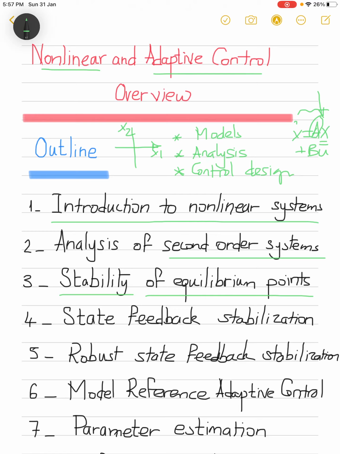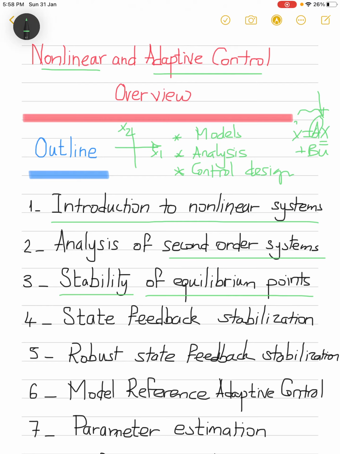We'll explain why the difference exists, and we'll show how to characterize the stability of an equilibrium point. We'll see that there are different classes of stability, like local stability, global stability, exponential stability, and so on. So we'll see that when we study the stability of equilibrium points.